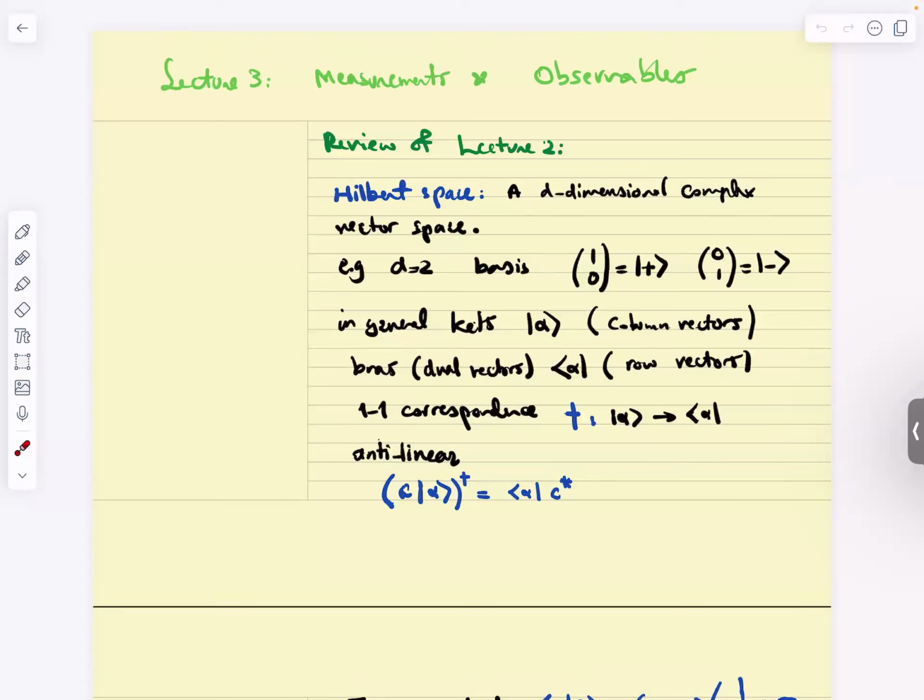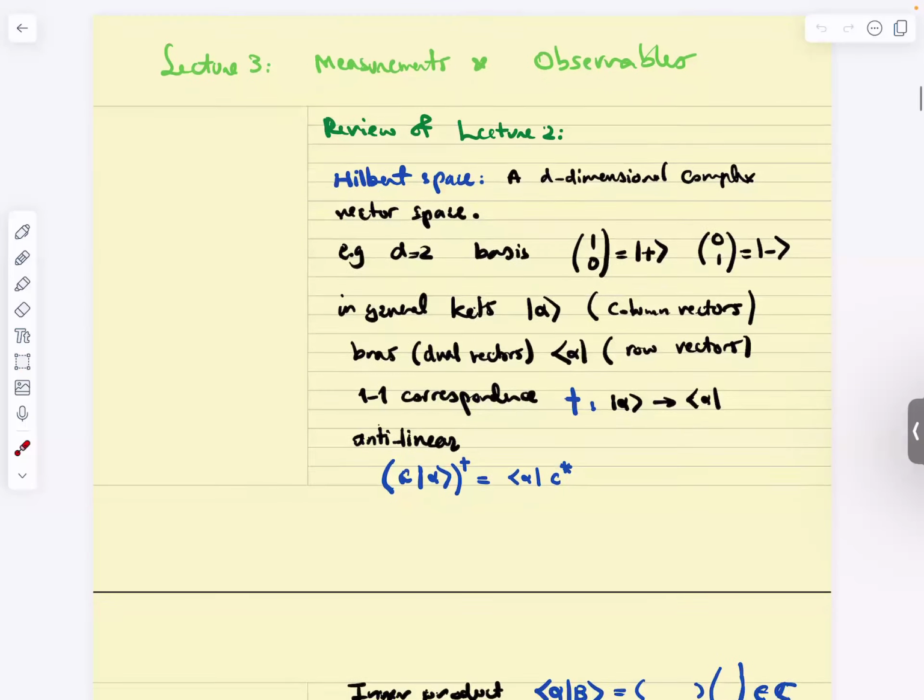Any questions about this? So this is just an example of a 2-dimensional complex vector space. We call this a qubit, quantum bit, because bits are two possibilities, 0s and 1s. Here we can have a general ket as a superposition of them, which means that it's a 2-dimensional vector as opposed to a binary thing.